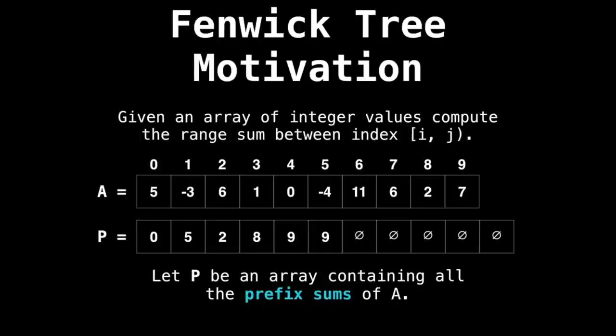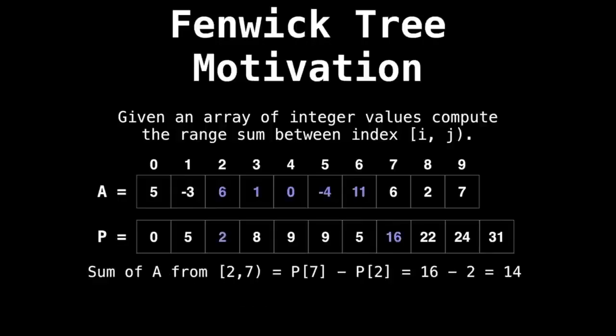So this is an elementary form of dynamic programming, calculating all the prefix sums. And then if we want to find the sum from, say, 2 to 7 non-inclusive, then we can get the difference between those two indices in the P array.